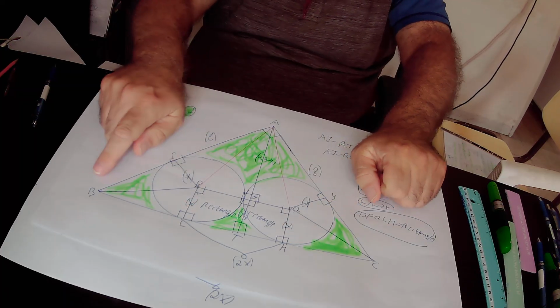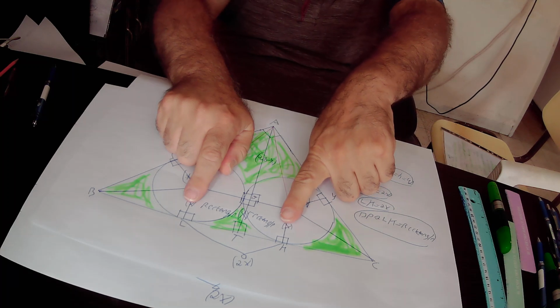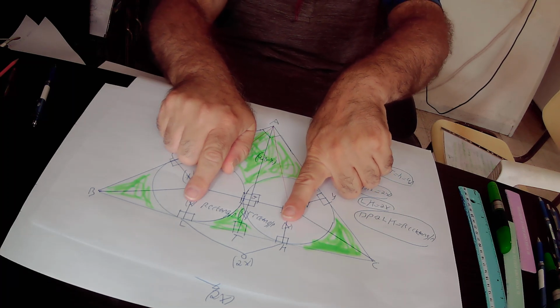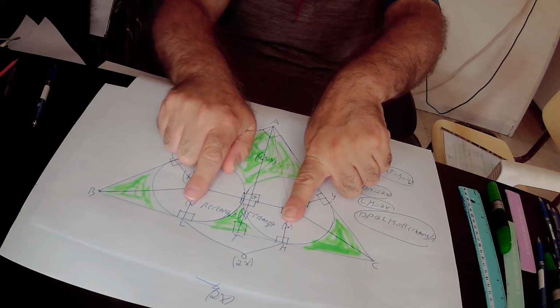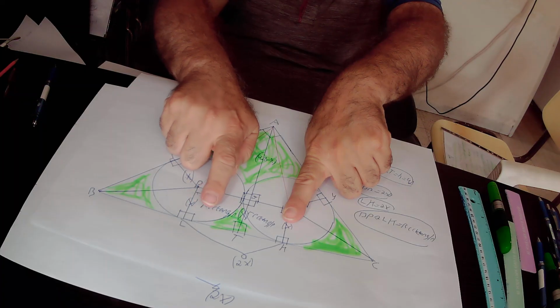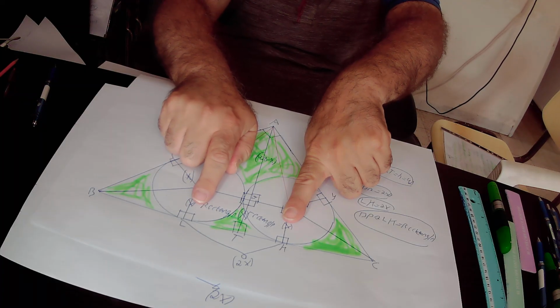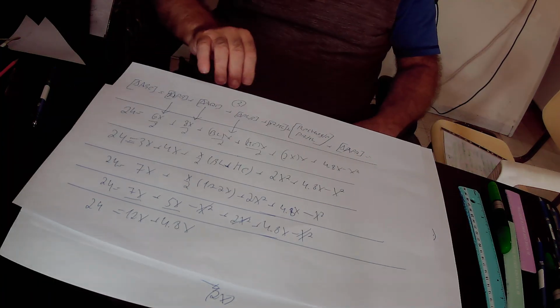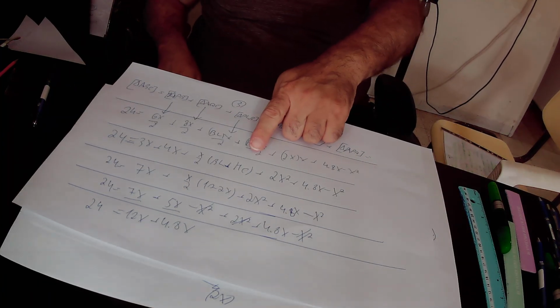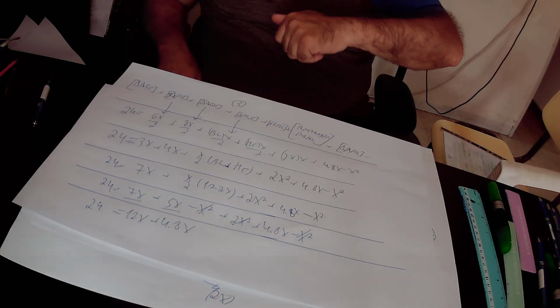Again, if you remove from BC this line segment NK, what is left is actually BL plus KC. Therefore, BL plus KC in total must be equal to BC, that is 10 minus 2x. So BL plus KC equals 10 minus 2x.